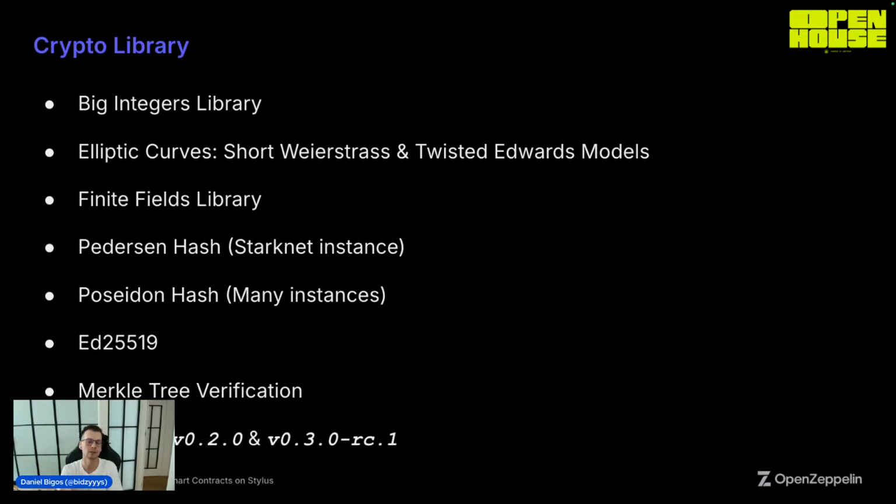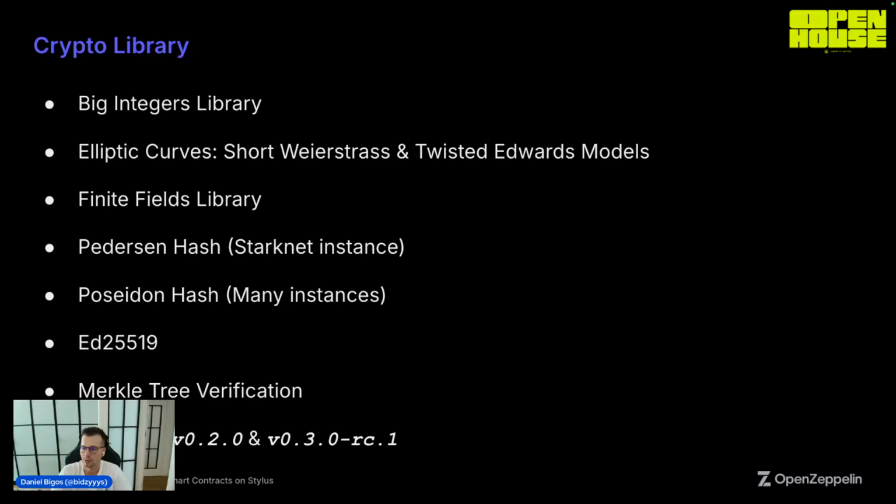You can also find some elliptic curve primitives like short Weierstrass and twisted Edwards models. You can also find a finite fields library, also optimized for the WASM environment. You can find Pedersen hash, right now only Starknet instance, and many instances of Poseidon hash. You can find and use the Ed25519 signature scheme.